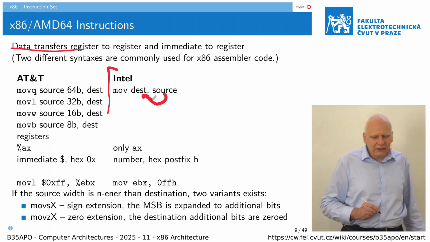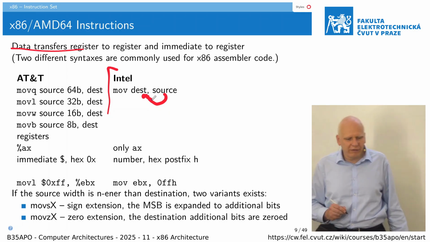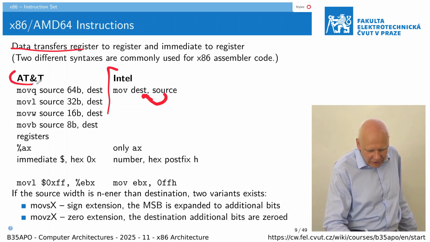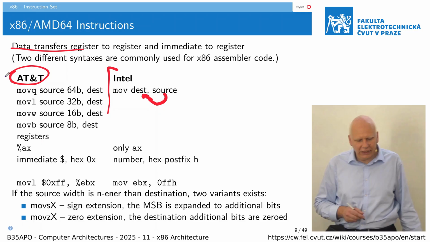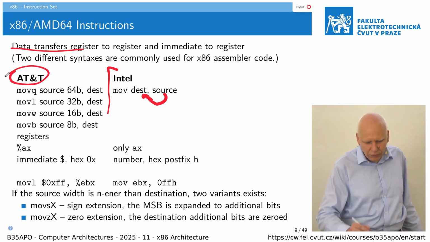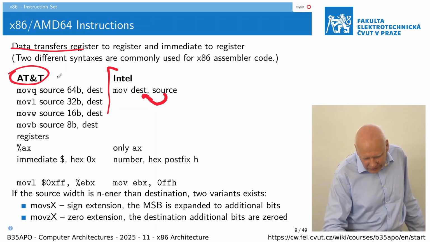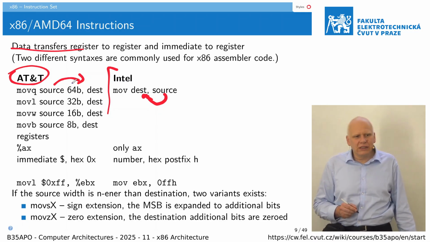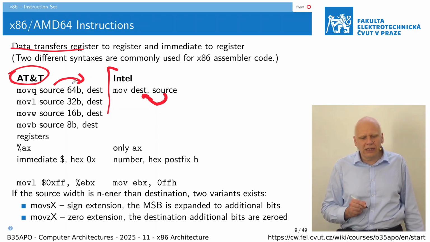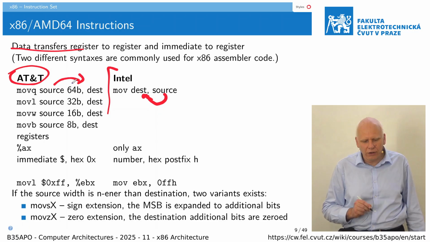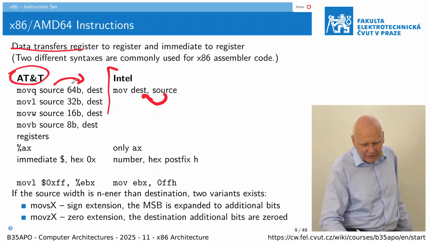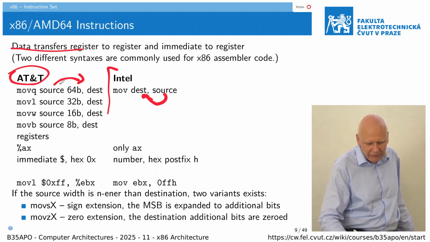On the other hand, there is a history from previous DEC processors and other systems which has been used with AT&T Unix, which has a rule to assign the value from left to the right. So be careful if you see a listing, and the listing which you get for homework number 4 for the Intel variant is in this AT&T syntax, so it assigns from the left to the right.